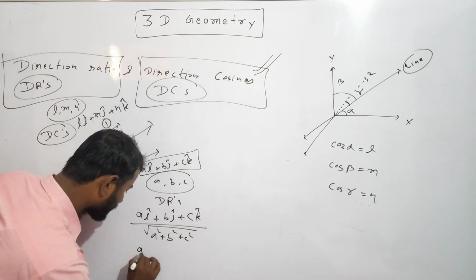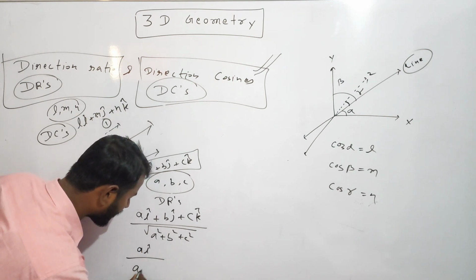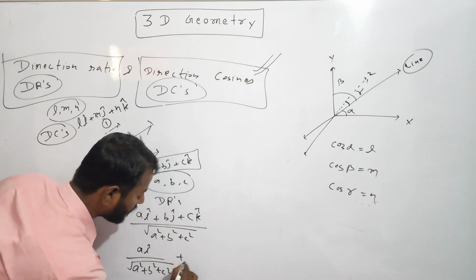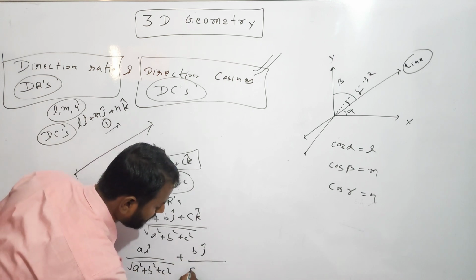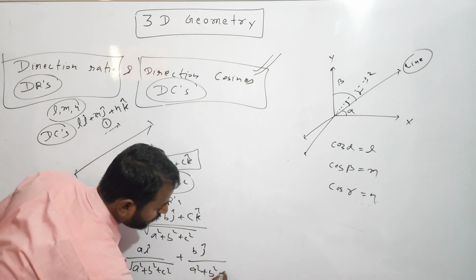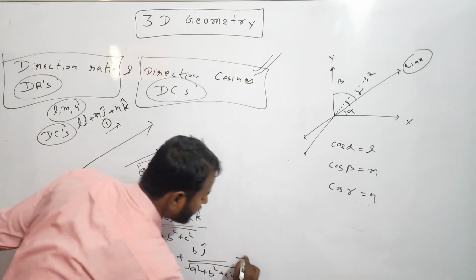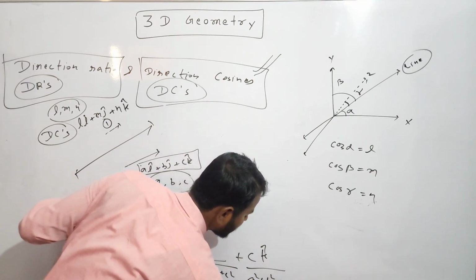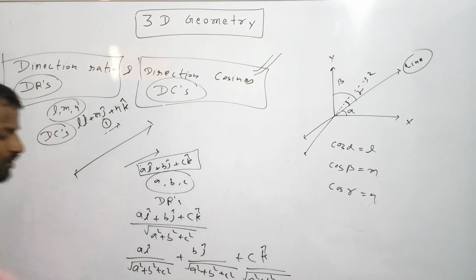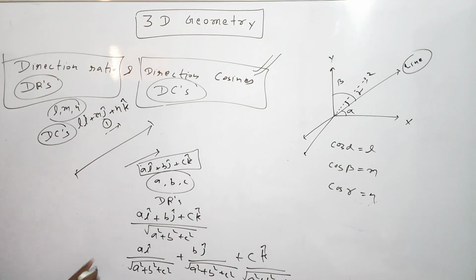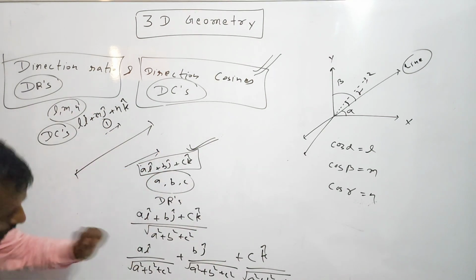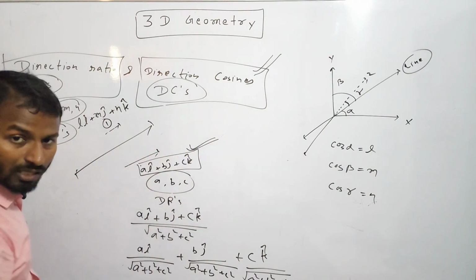We can write this as A i cap divided by the square root of A square plus B square plus C square, plus B j cap divided by the same, plus C k cap divided by the same. So now this is a general vector and this is a unit vector in the same direction.